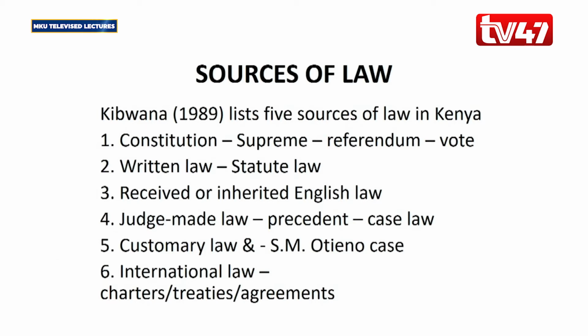So some of the laws that apply in Britain still apply in Kenya. And there has been a gradual revision of these laws over time. Some of them have been changed, some of them are still in existence, and they are effective in the country.